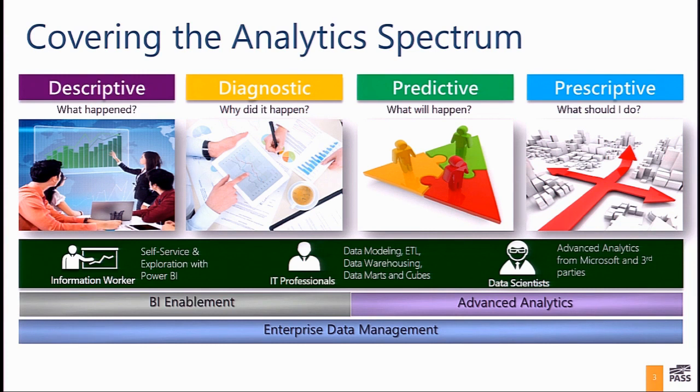The way it's framed in Gartner is descriptive analytics, diagnostic analytics, predictive analytics, and prescriptive analytics. We then layer down the roles that are typically associated internally at Microsoft, so they have a frame of reference of how those roles relate to the various analytics places in the spectrum.